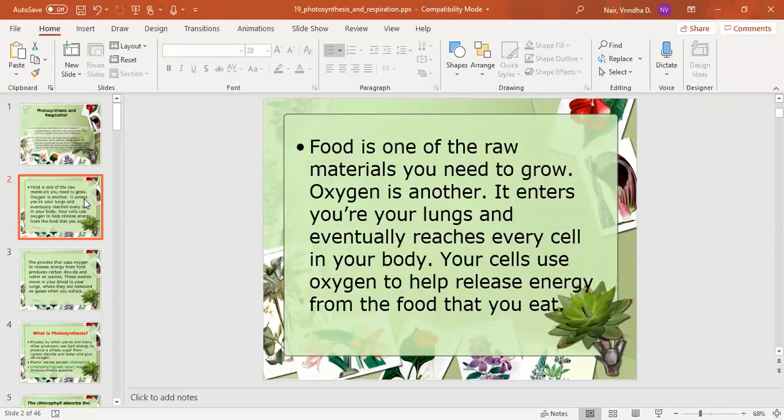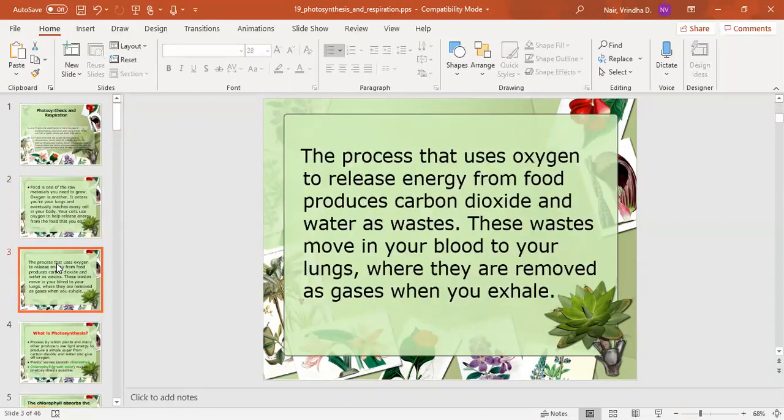As soon as oxygen enters our nostrils and goes to the lungs, its function immediately starts, because it goes into each and every cell and starts activating to create energy. So the process that uses oxygen to release energy from the food and produces carbon dioxide and water as waste.